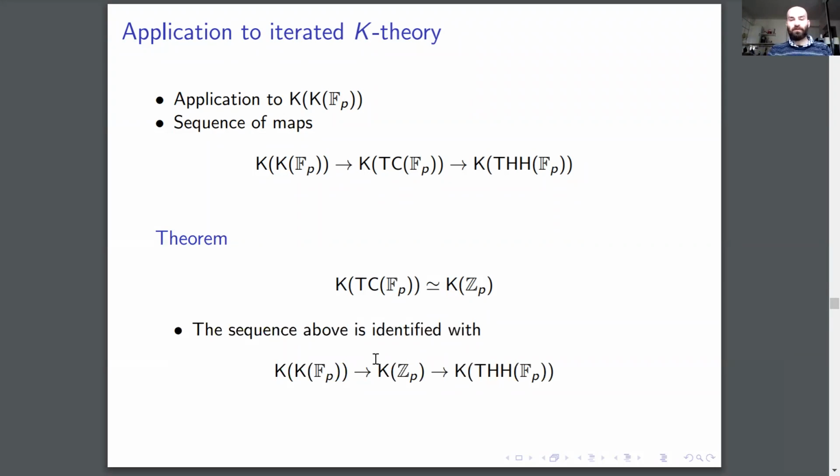We show that the middle term is given by this one, and we completely identify the right-hand side. And we argue that there are possible elements in here which may be detected through this map. So we show a scheme which one may possibly use for the computation of second algebraic K-theory.